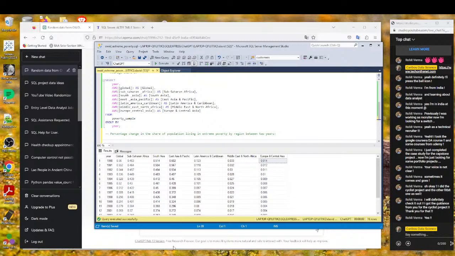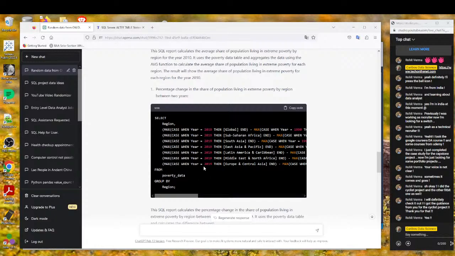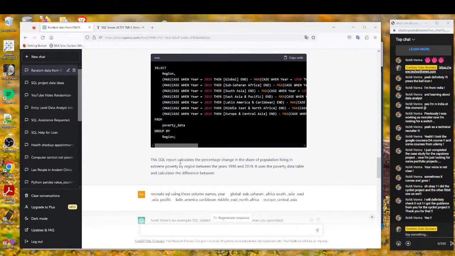We'll try to fix this one up here also. This SQL report calculates the average share of population living in extreme poverty by the region for the year 2010. Well, it doesn't really say that. Wait, okay, this report calculates the percentage change in the share of the population living in extreme poverty by region between years 1990 and 2020.